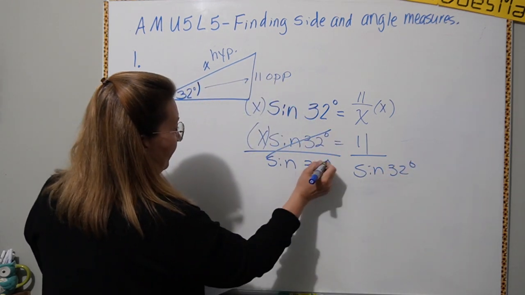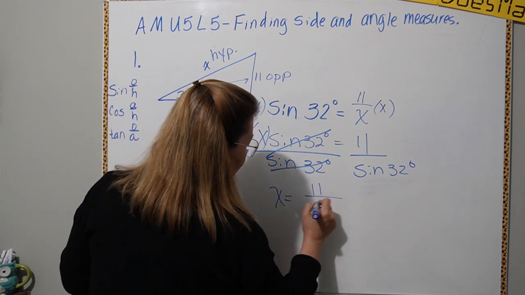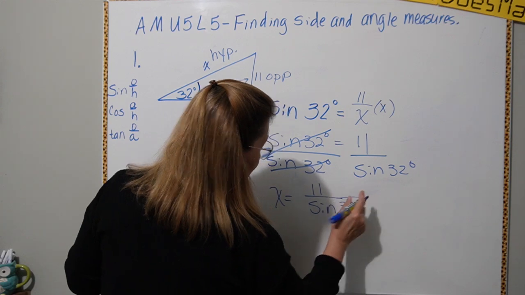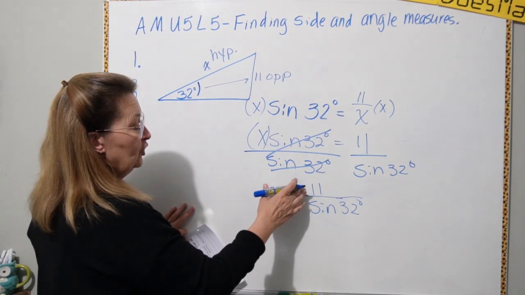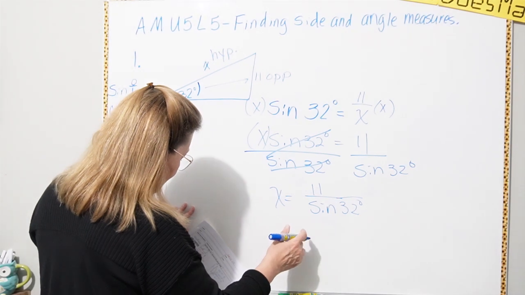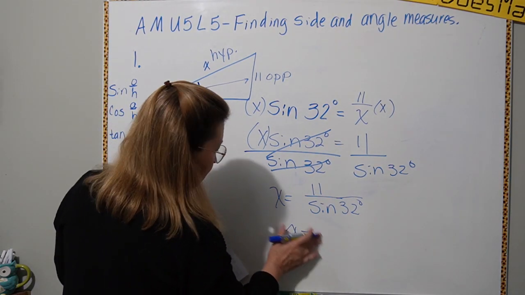And now what I have, these cancel out. So I have x is equal to 11 over sine 32 degrees. So if you go to your calculator and you punch in 11 divided by sine 32 degrees, that's going to show you x equals 20.8.